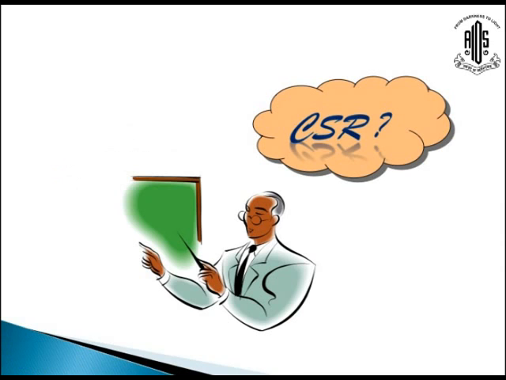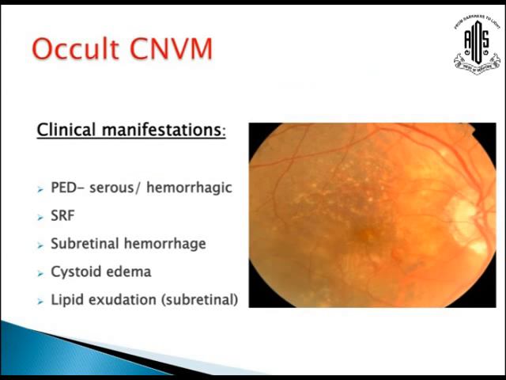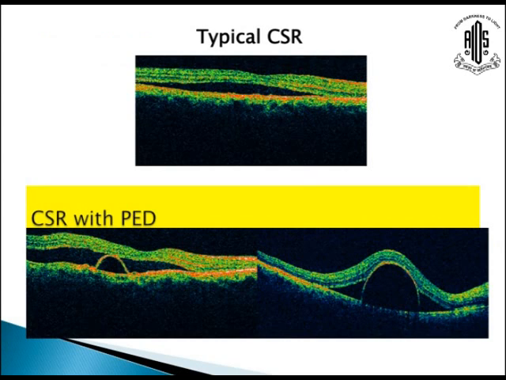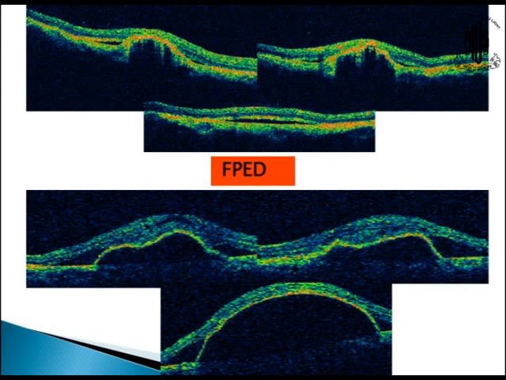And coming to lesions looking like this, you would see a similar picture to a typical CSR, and a serous PED like this should not be confused for a PED like this.